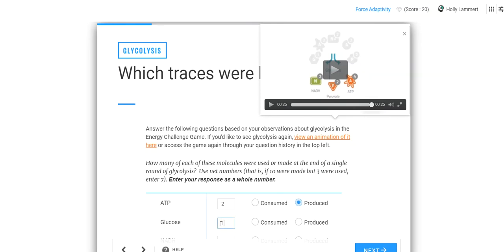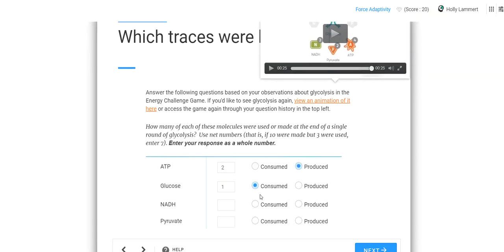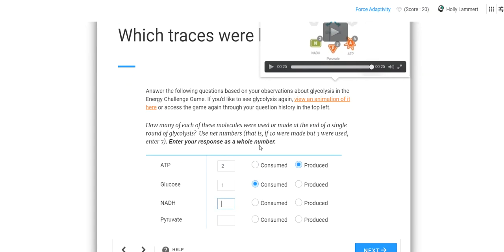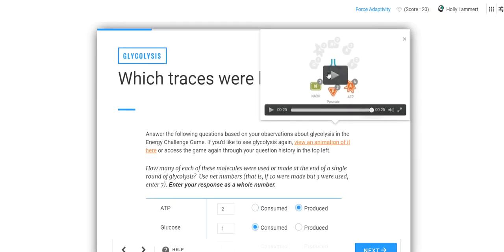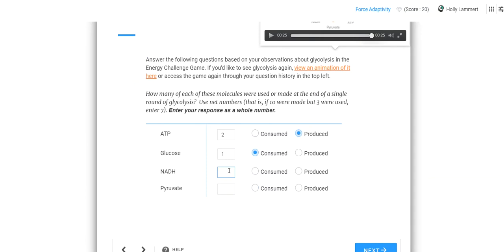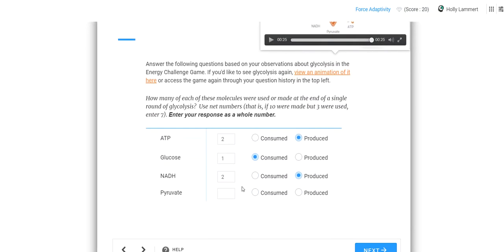Glucose, we put 1 in and that was consumed. NADH was produced. Here you can see it has a number 2. 2 were produced, and pyruvate, 2 were produced. All right, we did it.